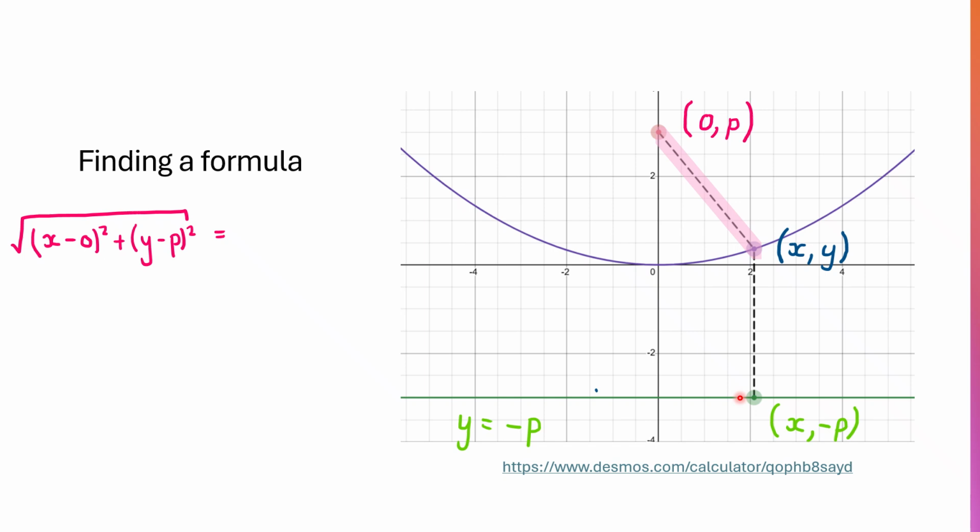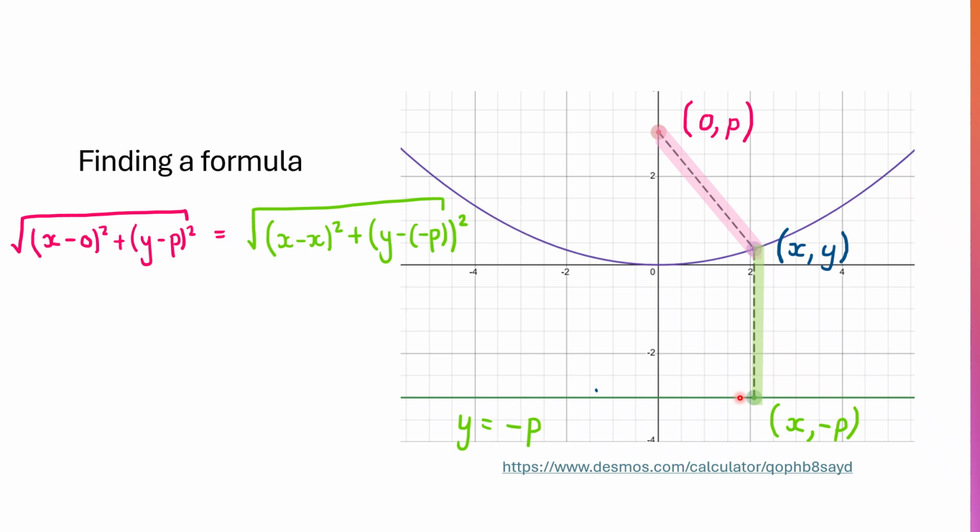This has to be equal to the distance from our point to the point on the directrix. So this will be the distance from (x, y) to (x, negative p), and this is also given by the square root of the difference between the x coordinates, in this case (x minus x) squared, plus the difference between the y coordinates.